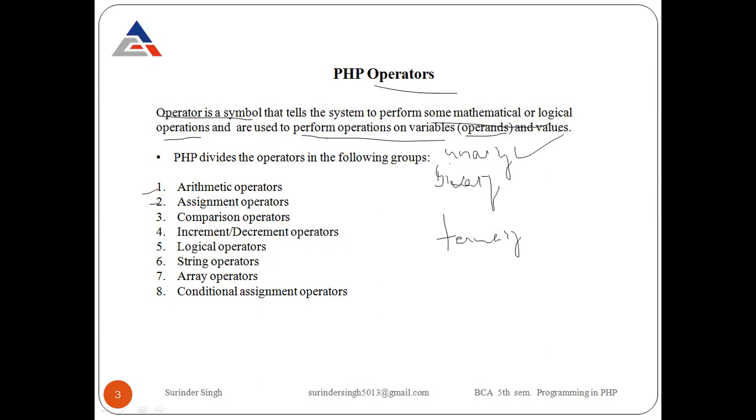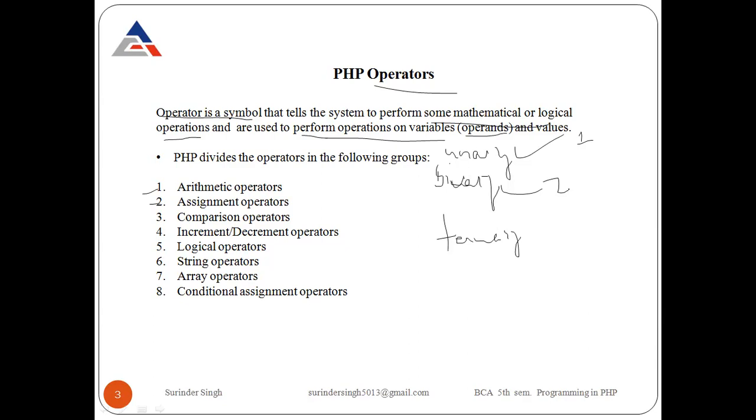Binary means 2, unary means 1, and those operators are binary operators which require at least 2 operands to perform, like arithmetic operators and comparison operators. Increment decrement operator is a unary operator.